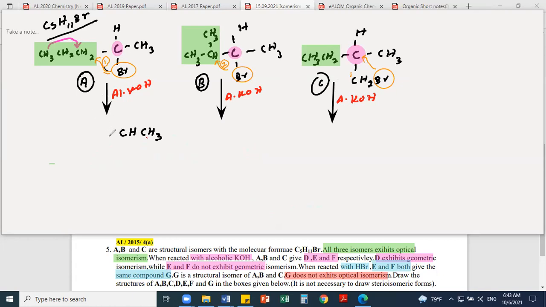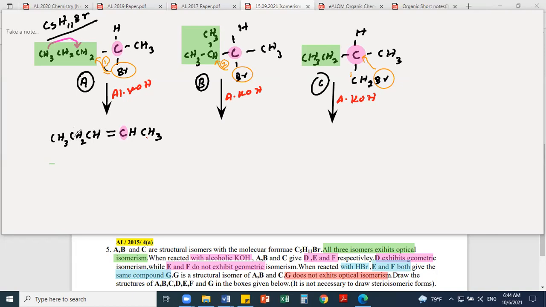This side you get a double bond, this side you get a double bond, right? This is the same carbon that was earlier optically active, right? So that hydrogen and CH3, no change. Then this side, this CH2 becomes CH and then the rest is there, CH2 CH3.